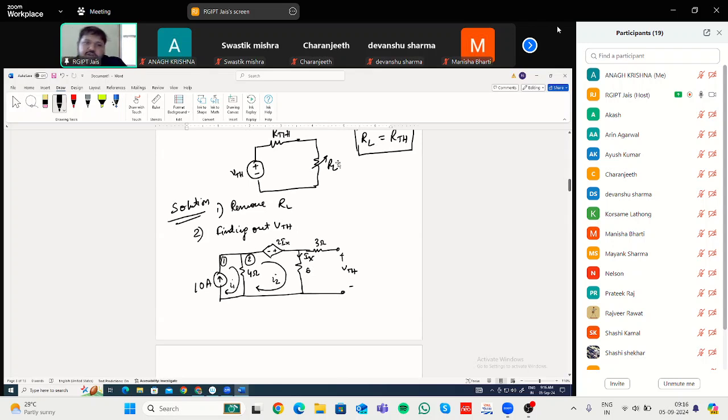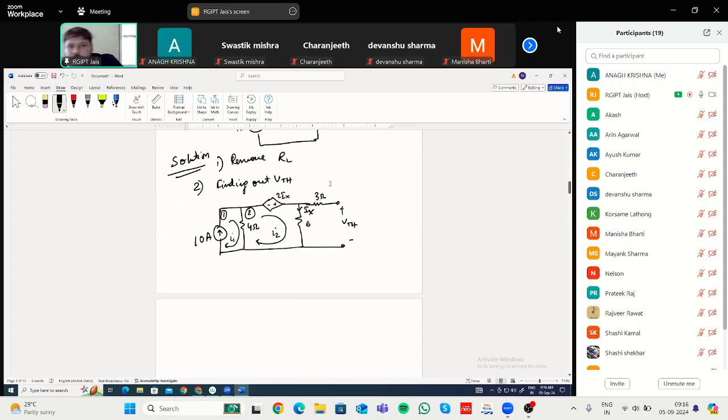Now, if you look at mesh 1, there is nothing to do because the 10 ampere source is already there. So I1 is already given, and the I1 direction you have assumed is the same as the direction of the source. So I1 will be simply equal to 10 ampere.